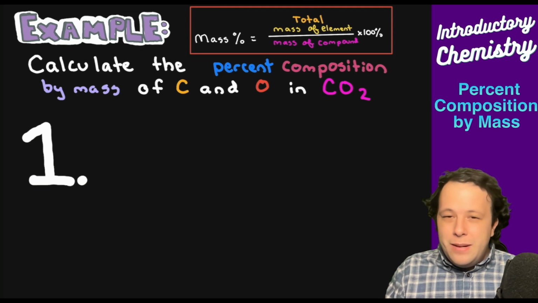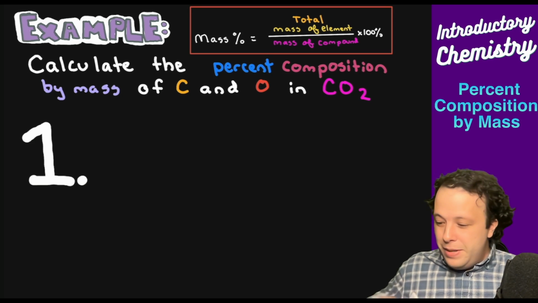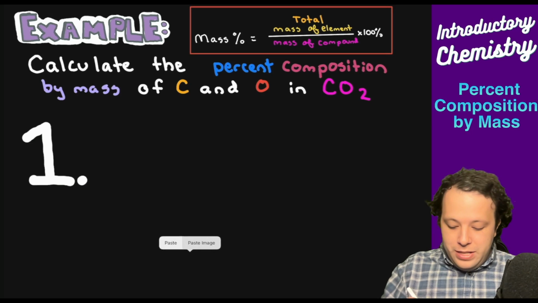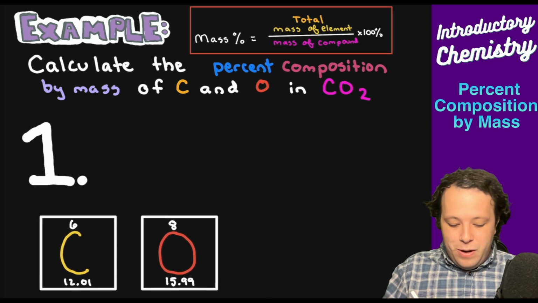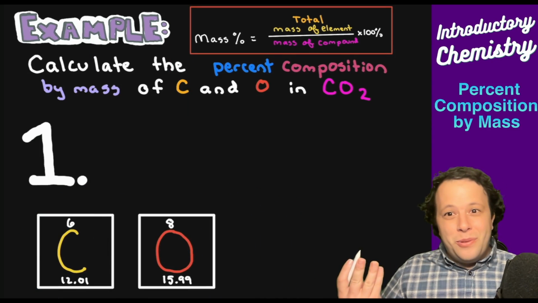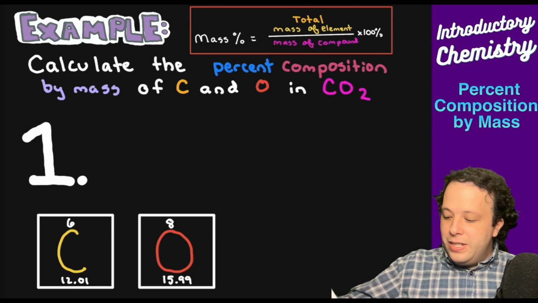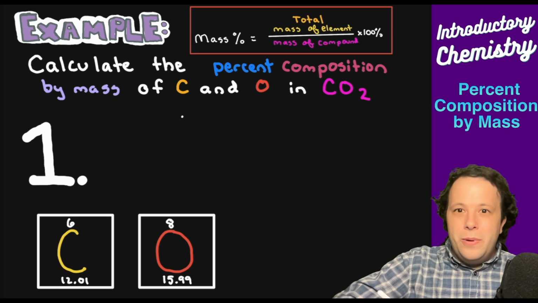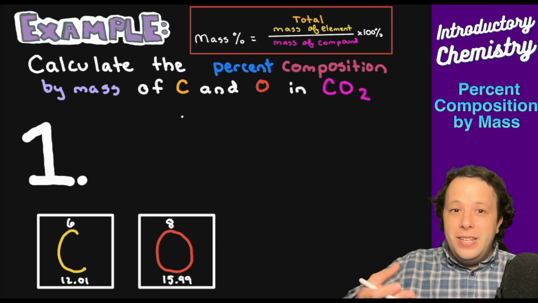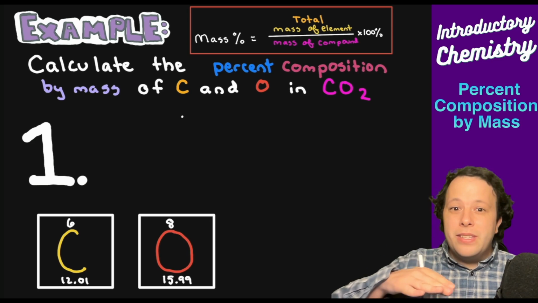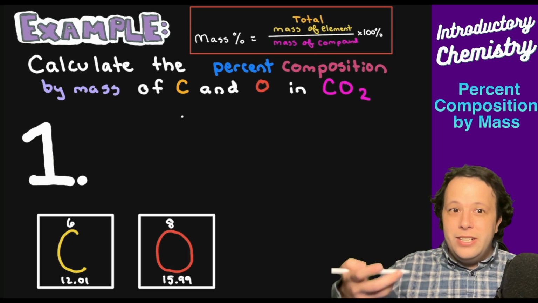Our first step was for us to calculate the molar mass for each element within the compound. The first thing you're going to have to do is look up the molar masses from the periodic table, which I did for us for this problem. If we have our compound, which in this case is CO2, we have to count the number of each atom to calculate the total mass for each element.